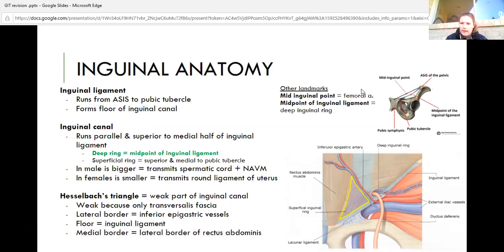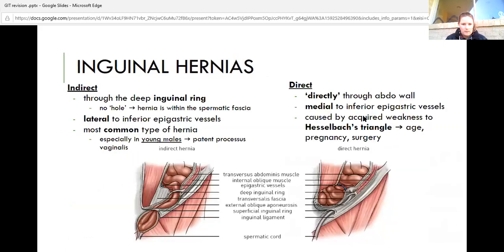Other landmarks: the mid-inguinal point is the point between the pubic symphysis and the ASIS, and that's where you find the femoral artery, compared to the midpoint of the inguinal ligament, which is the deep inguinal ring. So it's kind of a tongue twister.